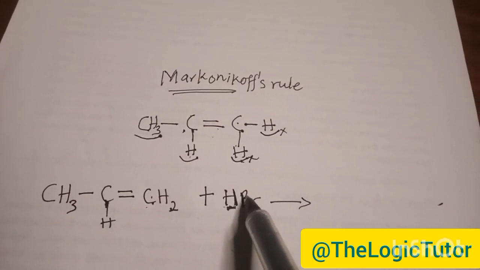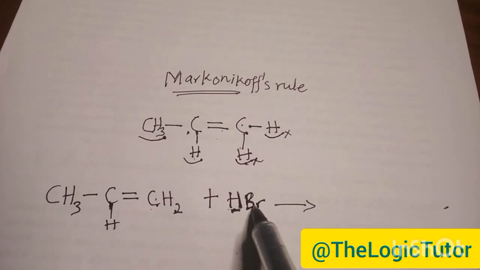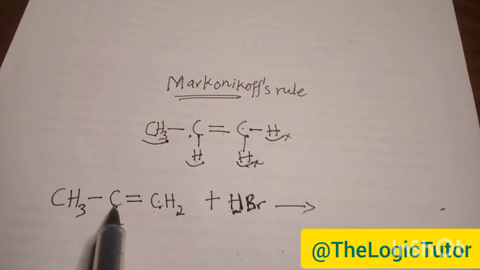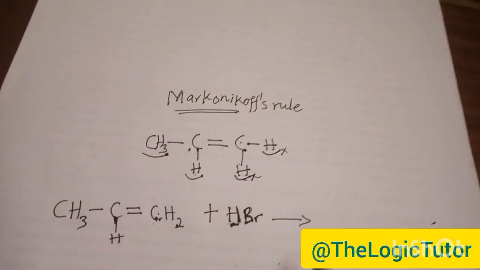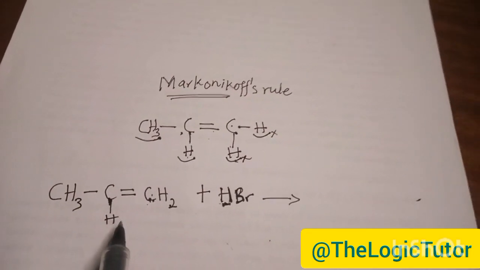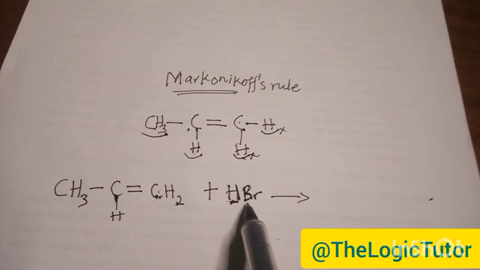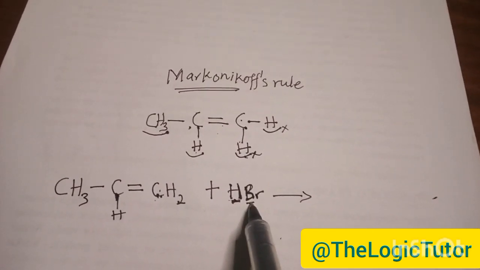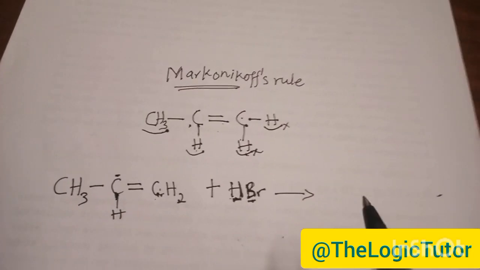Meanwhile, bromine will be more electronegative than hydrogen. So in that wise, we are going to pick bromine and add it to this carbon here, and take hydrogen and add it to this carbon here, so that the compound becomes saturated. So what Markovnikov's rule tells us is that the negative element, which is bromine, will be added to the carbon that has the smallest number of hydrogen.